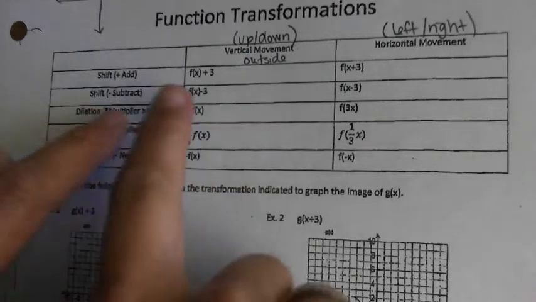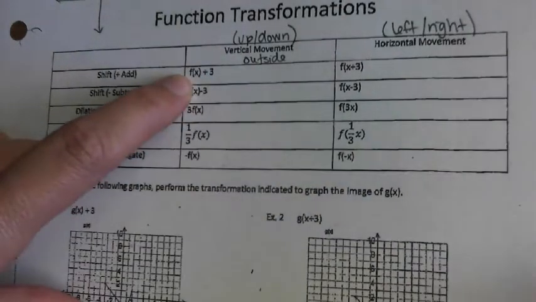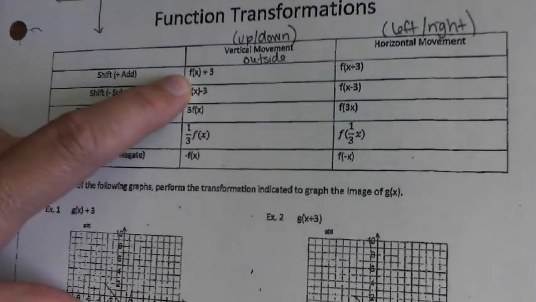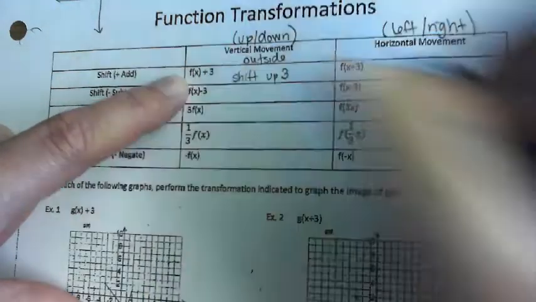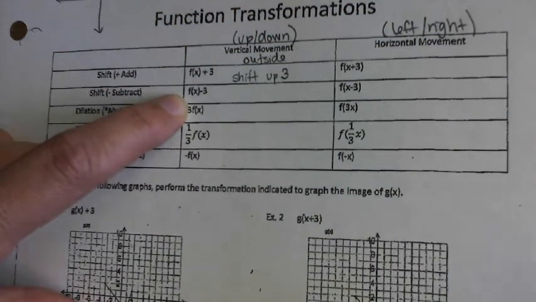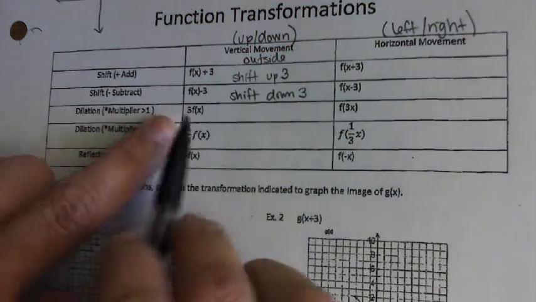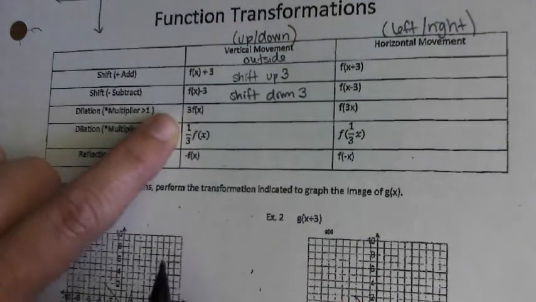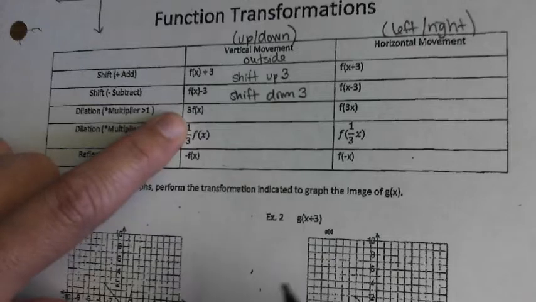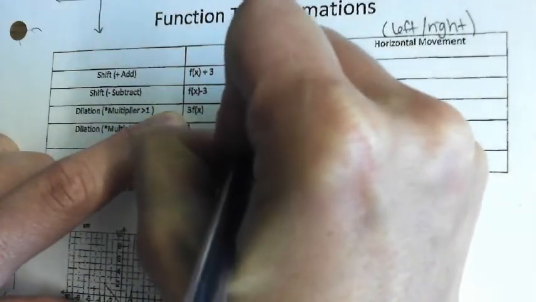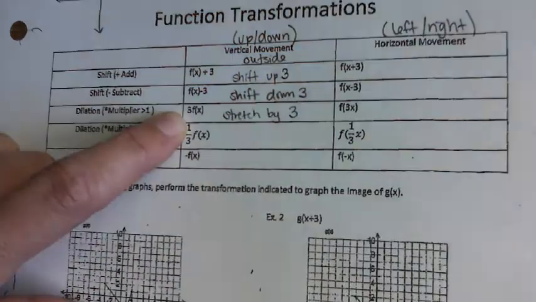So an f of x with a plus 3 at the end, or on the outside, would shift the graph up 3. If it's f of x minus 3, it's going to shift it down. If it's 3 times f of x, that's a multiplier, so that's a stretch by a factor of 3.